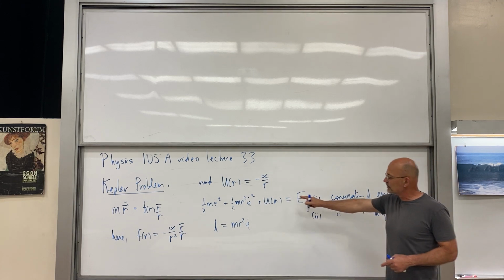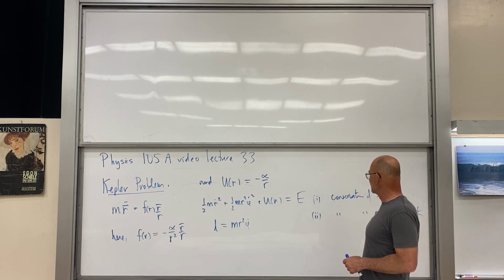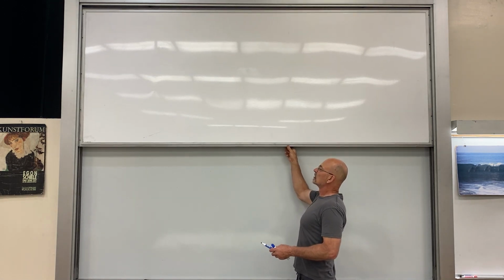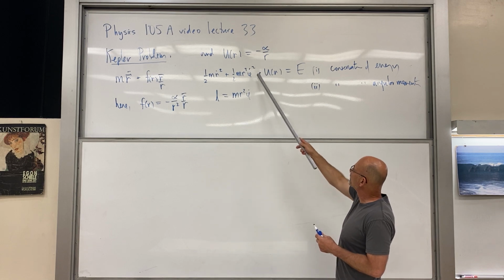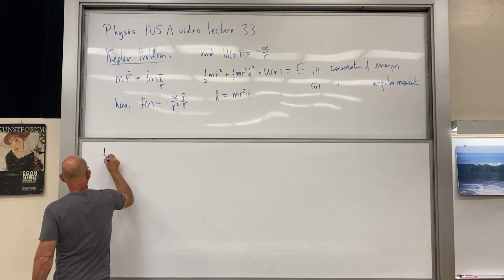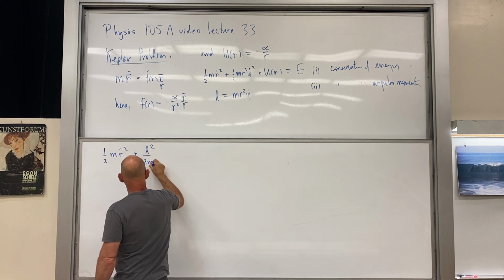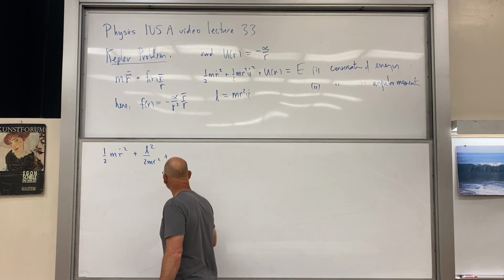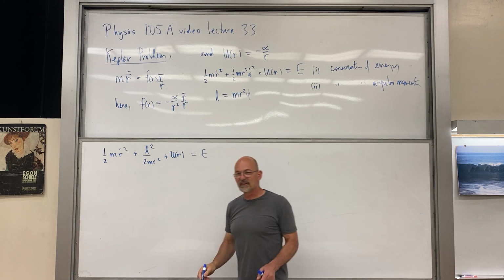We had, of course, gone into the plane polar coordinates at this point. And when we put these two things together, when we substituted phi dot up here with phi dot from down here, we ended up with 1/2 m r dot squared plus L squared over 2m r squared plus U of r equals E. Keep it in the general form for a moment.